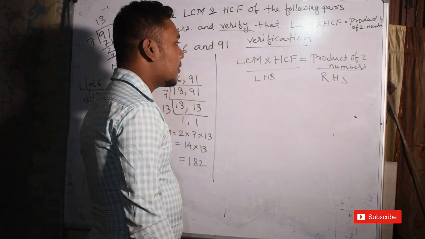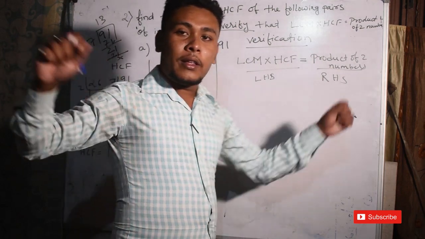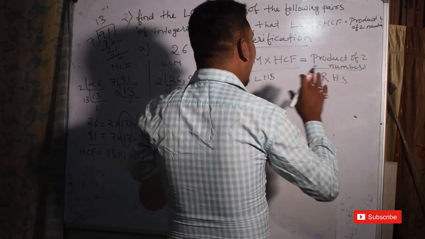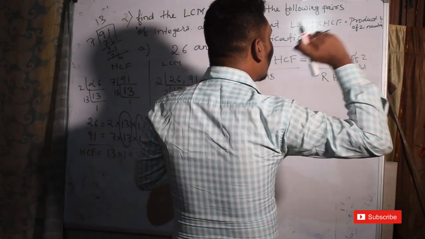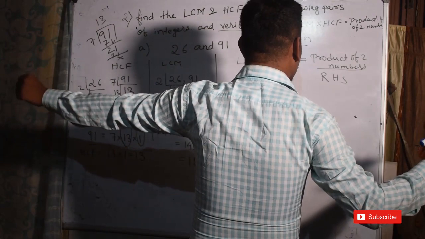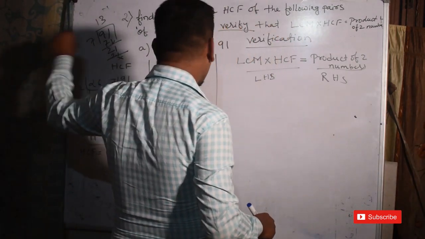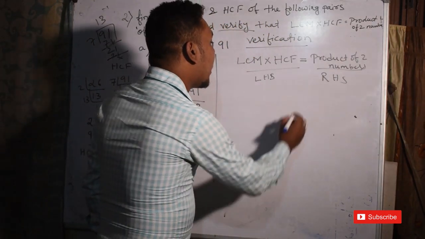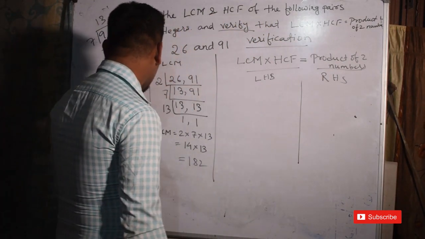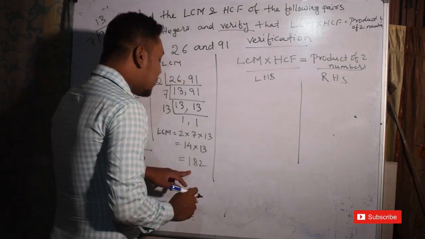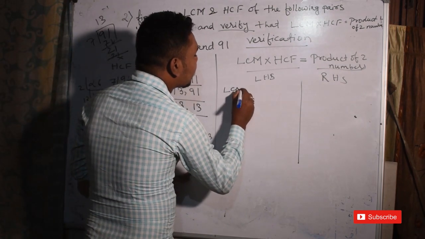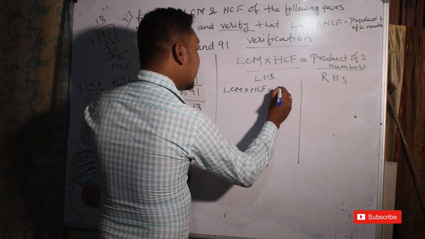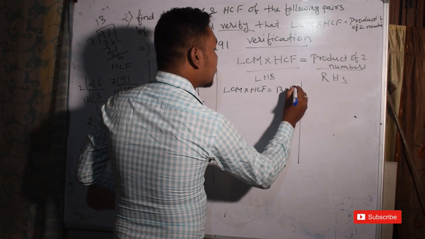In your copy, when you write, this portion will become your left and this portion will become your right. Therefore it is LHS and RHS. So LCM into HCF is equal to 13 into 182.